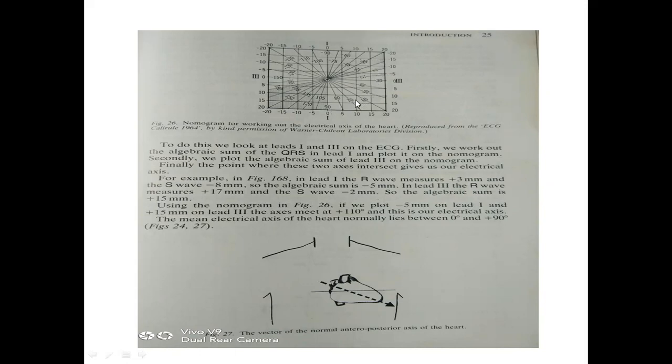Is it clear? You can see this is put as dark, 120. Why is it put as dark? Because this is a reference of right axis deviation. Anything crossing minus 30 is a reference of left axis deviation. Is this clear? Yes, sir.